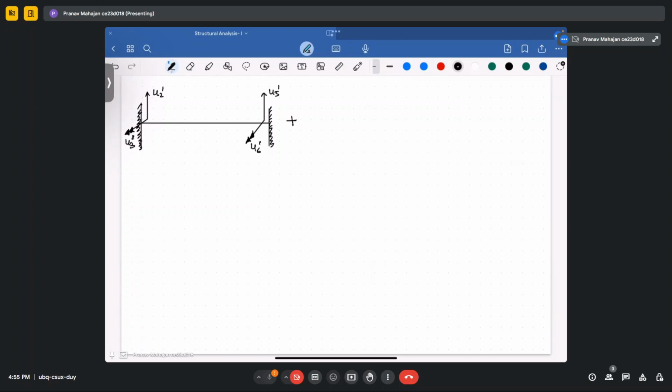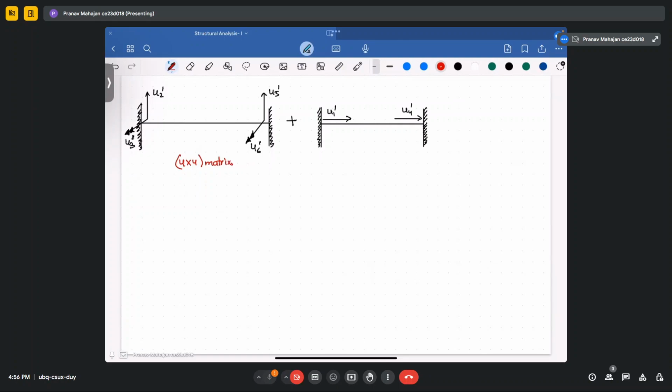Plus, now take the beam for the axial deformations. So for the case of axial deformations, these are the axial deformations, that is U1 and U4. So you can write them separately. Here it is your 4 by 4 matrix that we have written previously.